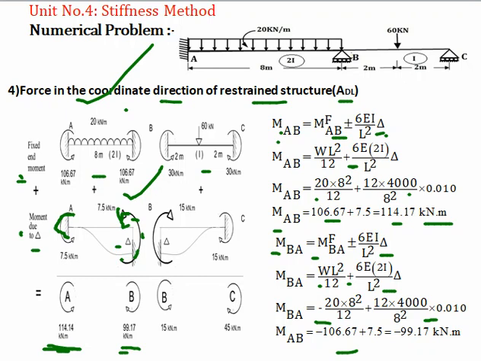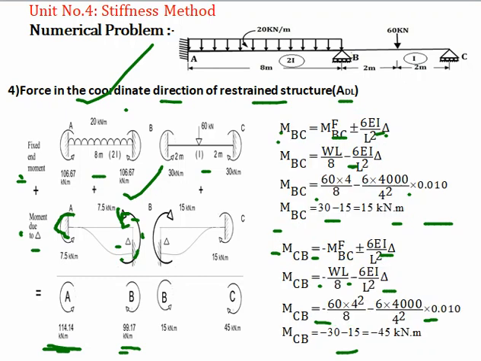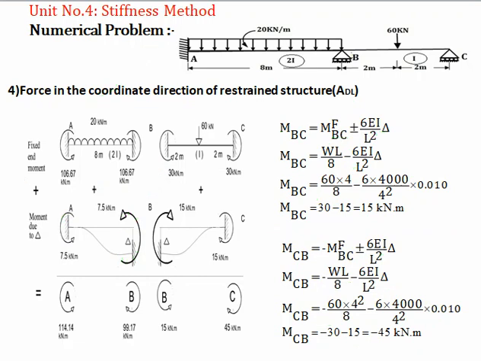Now let's move toward the next span, span BC. So let's consider point B first. So first one is a moment due to the fixity or fixed end moment. So MBC is equal to MFBC plus minus 6 EI by L square into delta.